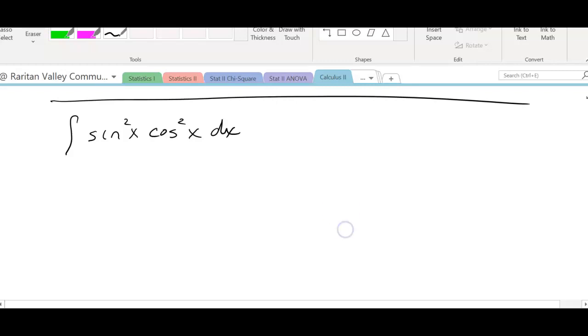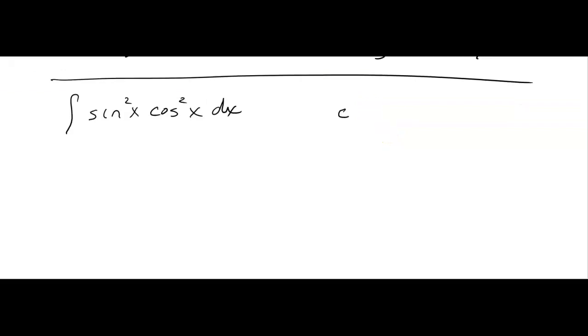That's where these other formulas come in. These are those power-reducing formulas. These are the formulas I put at the top, at the very beginning of the video. And the one we're going to use is for cosine squared x.